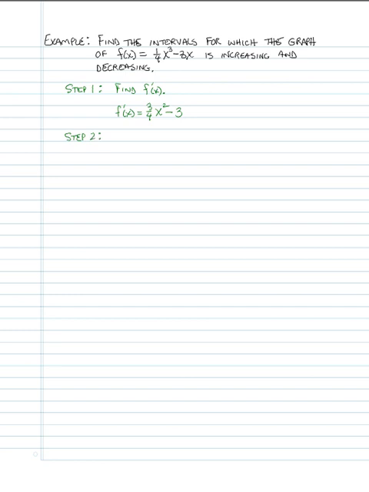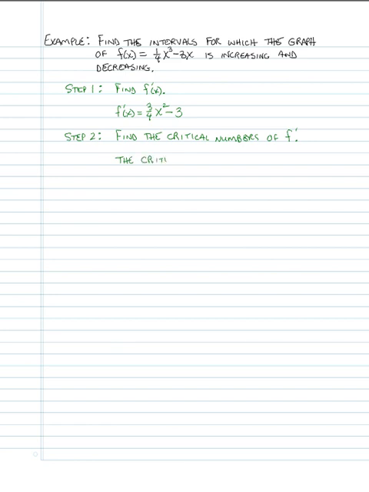Now, step 2 is to find the critical numbers of the derivative. Okay, now let me remind you of why. The critical numbers are the places where we can change from increasing to decreasing or vice versa. So let me write down what the critical numbers are, and then I'll remind you of why that's important.